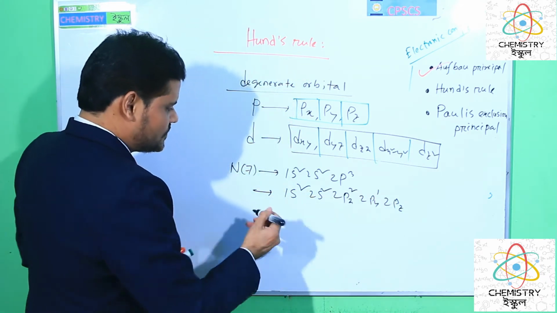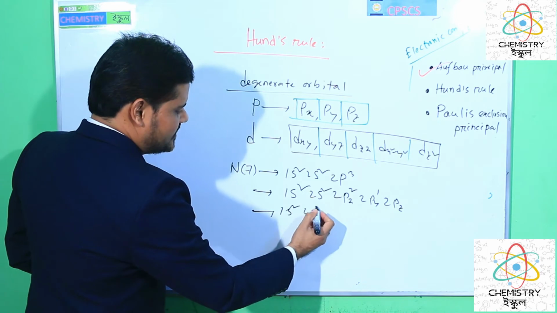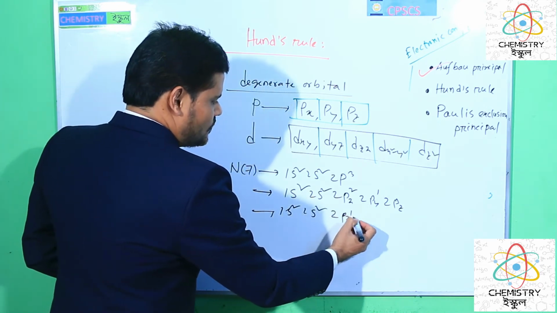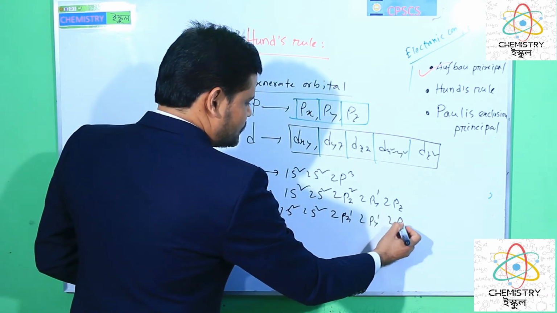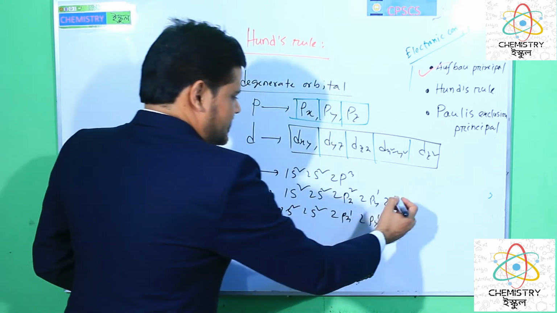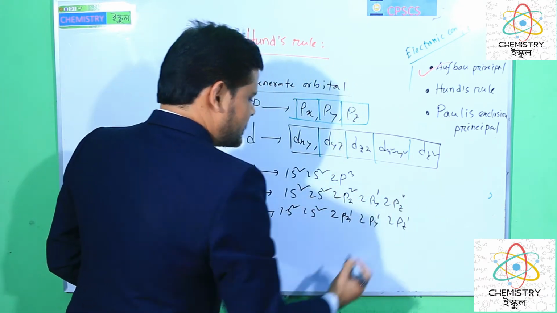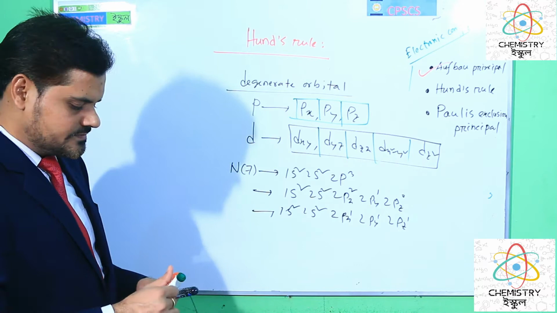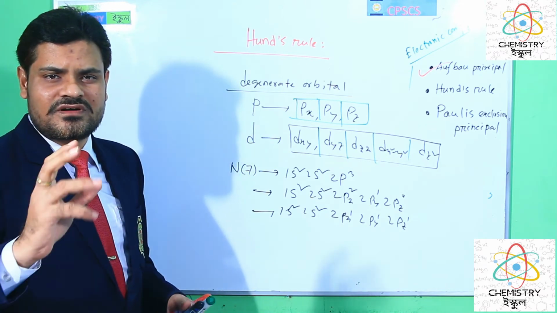And you can also configure 1s2, 2s2, 2px1, 2py1, and 2pz1. And which one will be correct? Which one will be applicable for Hund's rule?